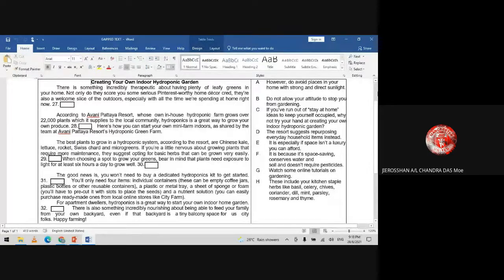E, it is especially if space isn't a luxury you can afford. F, it is because it's space saving, conserves water and soil, and doesn't require pesticides. G, watch some online tutorials on gardening. And H, these include your kitchen staple herbs like basil, celery, chives, coriander, dill, mint, parsley, rosemary, and thyme.